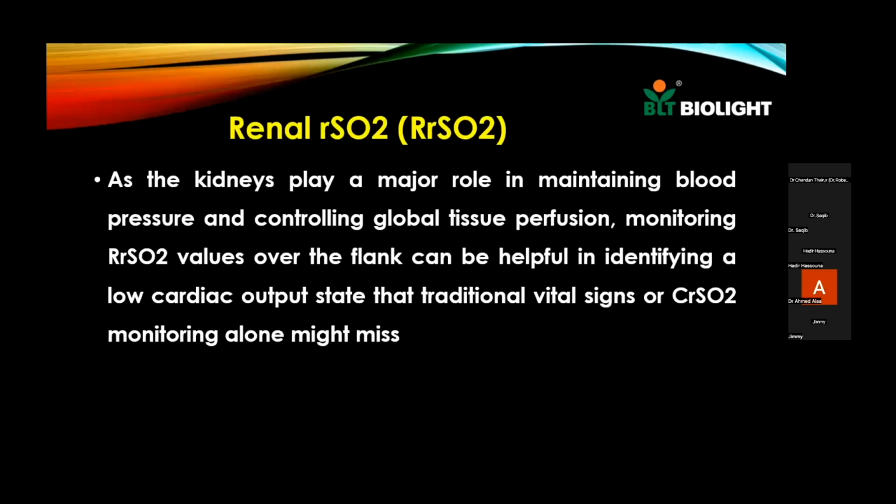For regional saturation, the kidney is very important and has an important role in managing blood pressure and controlling global tissue perfusion. So monitoring the renal regional saturation over the flanks is helpful to identify the low cardiac output state that traditional vital signs or cerebral regional saturation monitoring alone might miss, because the first organs to lose out in low cardiac output are the splanchnic area, as we'll say after that, and the renal area.